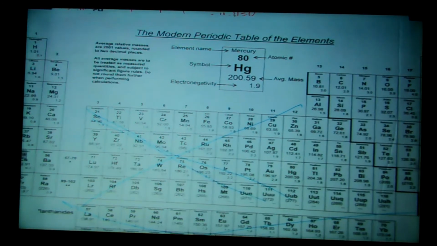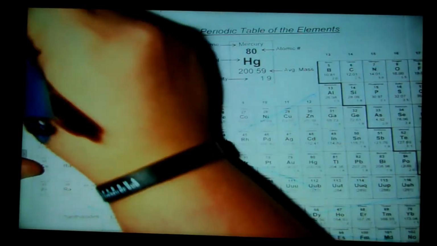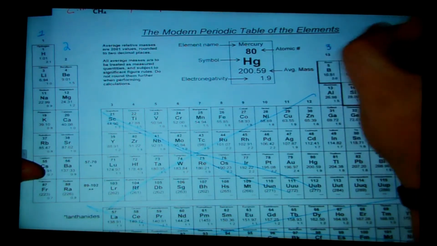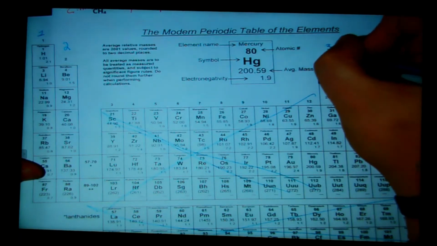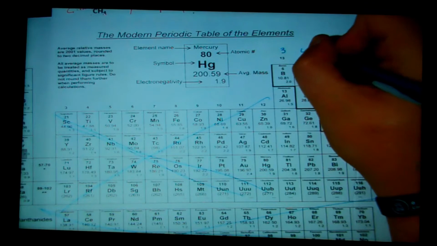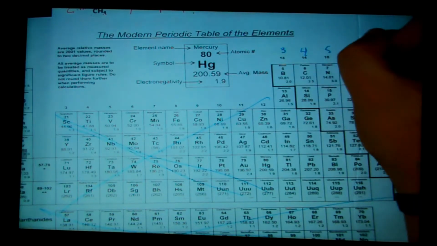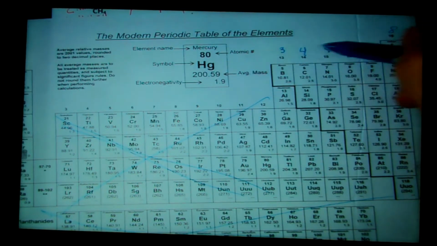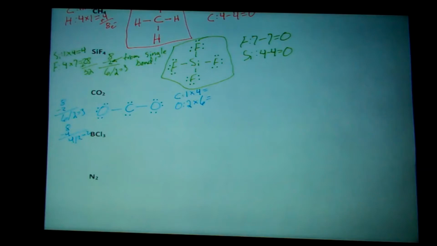But the first column has 1 valence electron, second column has 2 valence electrons, 13th column has 3. Okay? Another way of thinking of it is just remove that first number there and it'll give you the valence electrons. Because 14th column is 4, 15th column is 5, 16th column is 6, 17th column is 7, and 18th column is 8. So 1, 2, 3, 4, 5, 6, 7, 8.